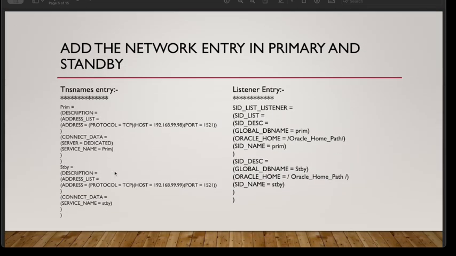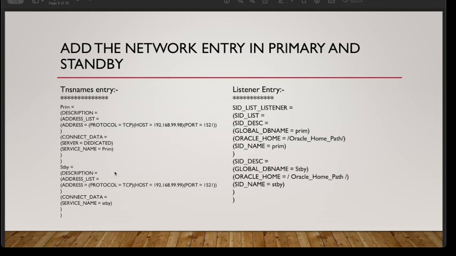Now it's time to define the network entries in primary and standby. We need to define them on both servers because both are physical. So in both servers we need to define the TNS names entry and listener entry properly.